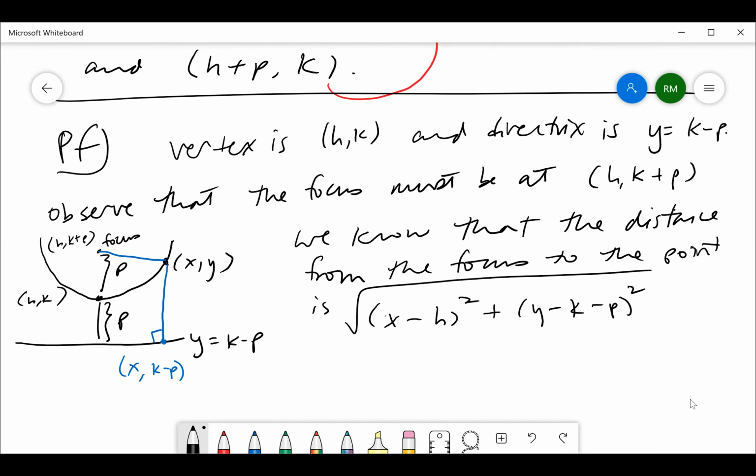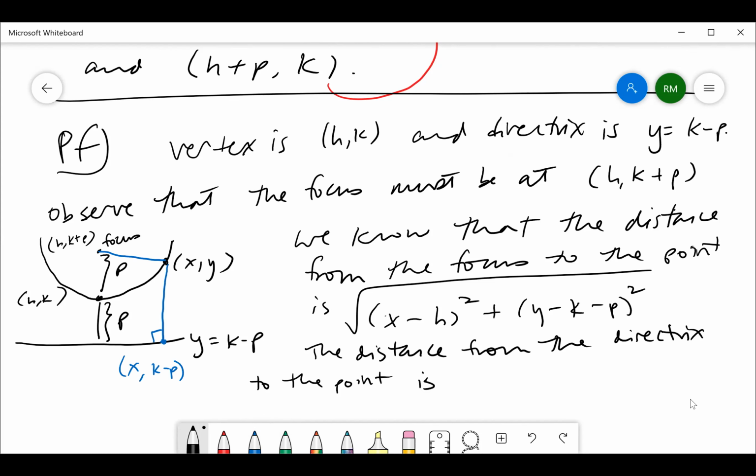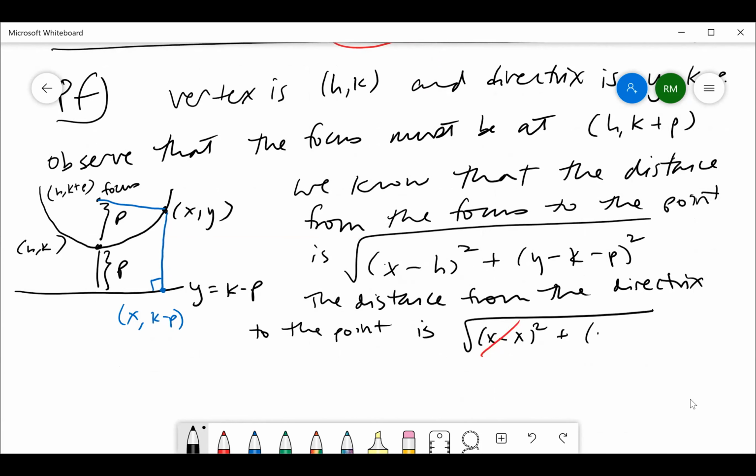So the distance from the directrix to the point is the square root of (x - x)^2, which is just 0, plus (y - k + p)^2.